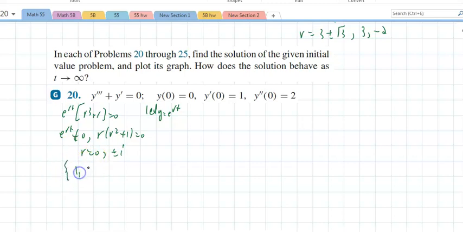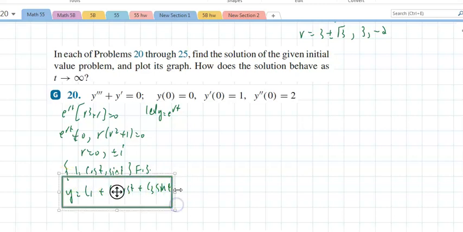e^0 is 1. Cosine of t and sine of t would form the fundamental set. And y equals c1 plus c2 cosine of t plus c3 sine of t would be my general solution. Now I need to find those since they gave me initial conditions. Well, let's see what I need. I need y. y(0) is actually c1 plus c2, and that's a 0.